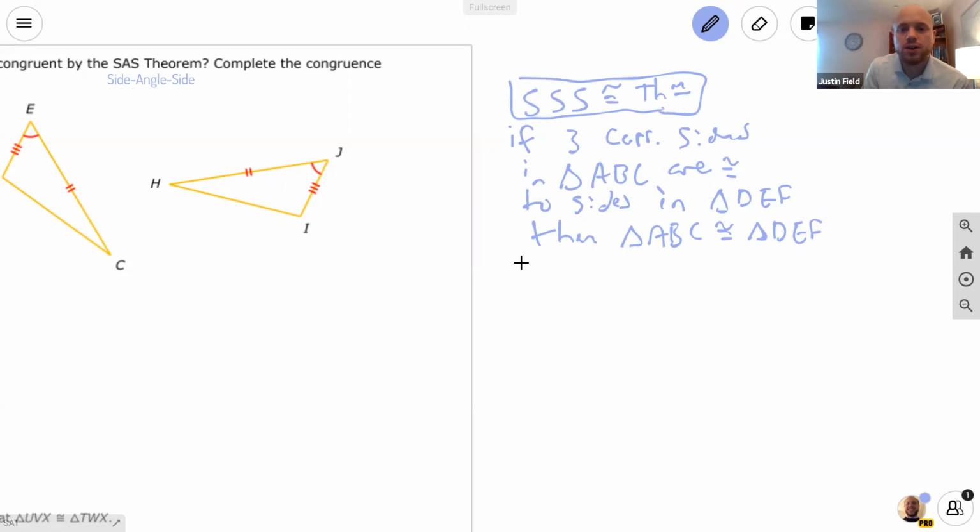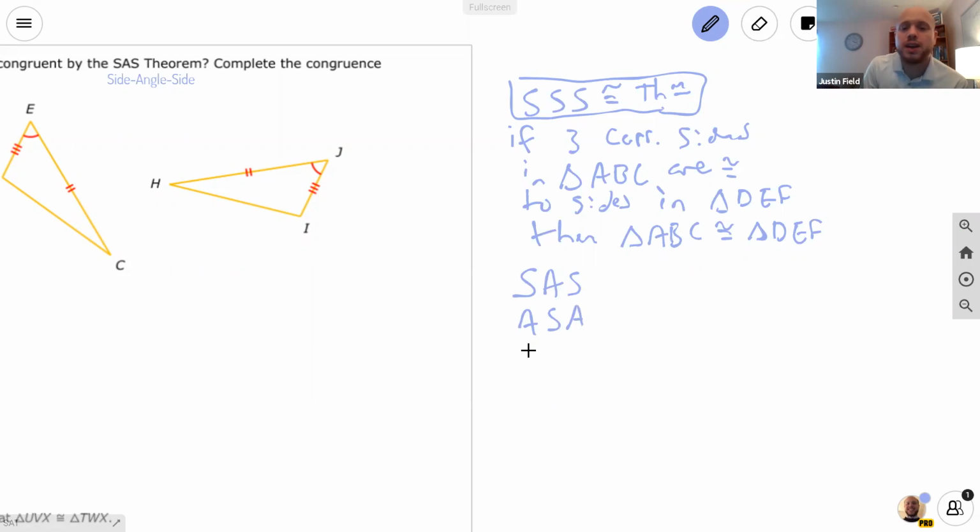So, what are the other theorems? They all have 3 letters, except for one, which we don't call it that way. So another one is side, angle, side. Hopefully you're writing all these down. So you've got side, side, side, and side, angle, side. Another one would be angle, side, angle.